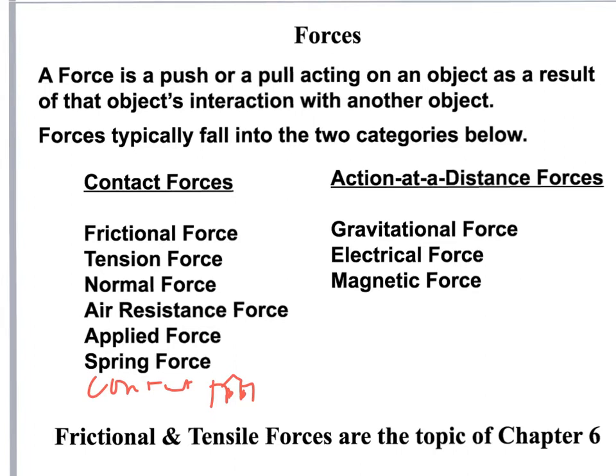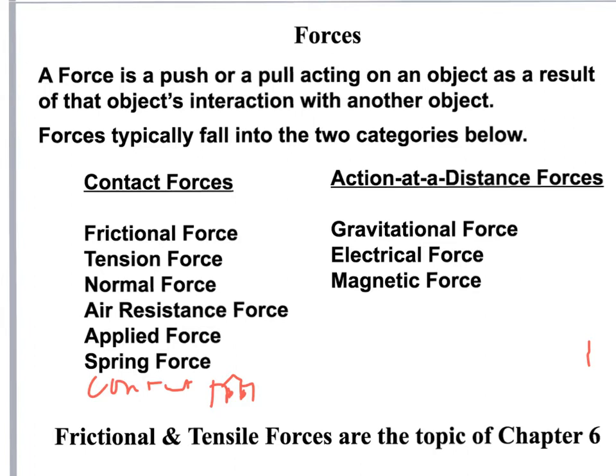It can push or let something hang from it, like another, not a support force, but similar to tension. The spring force is similar to tension, but of course, tension's on a rope and spring force is obviously on a spring. So that's our first category of contact forces.